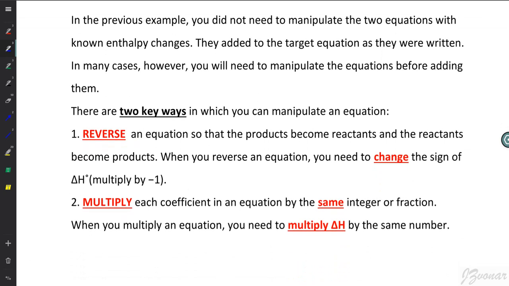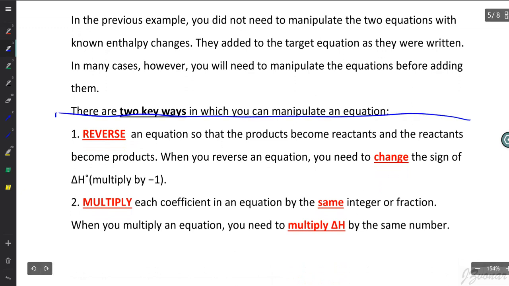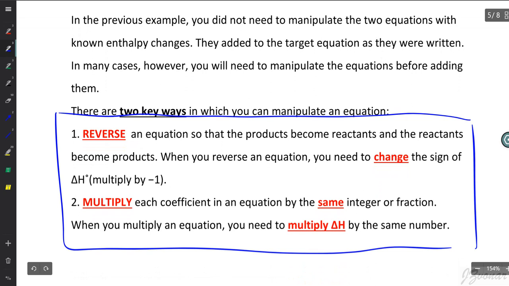These are two rules in which we can manipulate our given equations. We can reverse the equation so that the products become the reactants and the reactants become the products. And so whenever we do flip or reverse the equation, we must change the sign of the delta H value by multiplying it by -1.